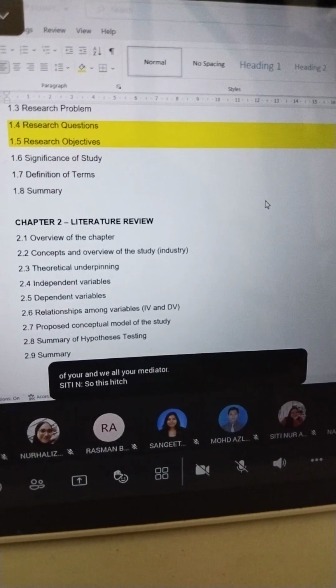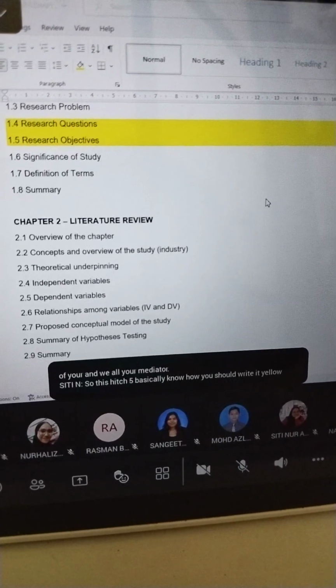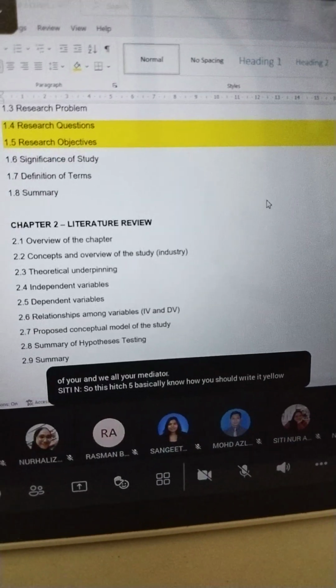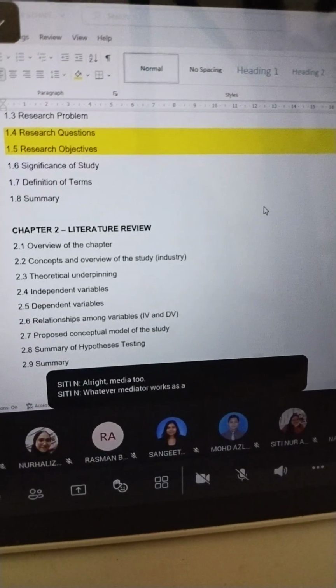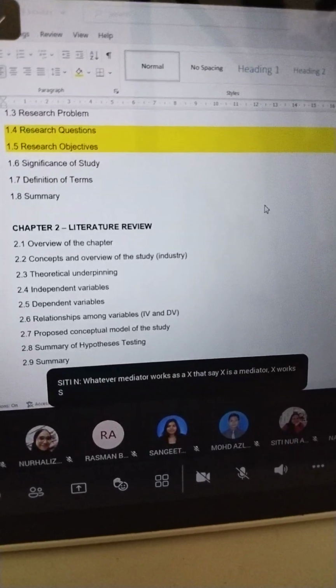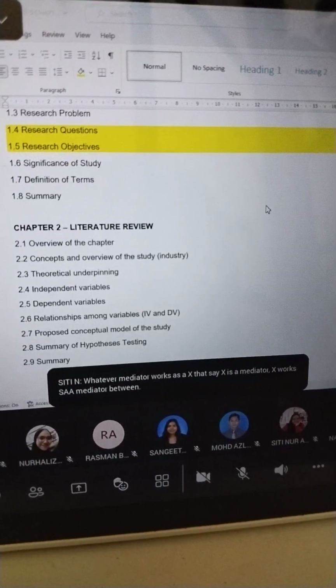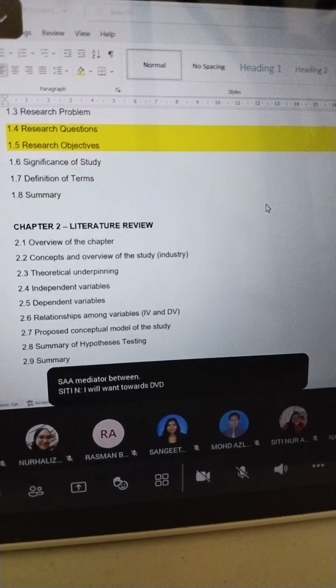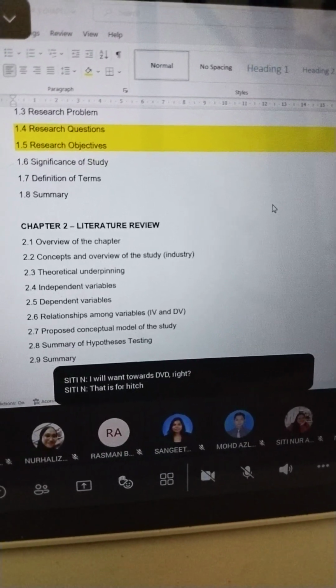So for this H5, this is how you should write it. The mediator works as an X. Let's say X is a mediator. X works as a mediator between IV1 towards DV. That is for H5.